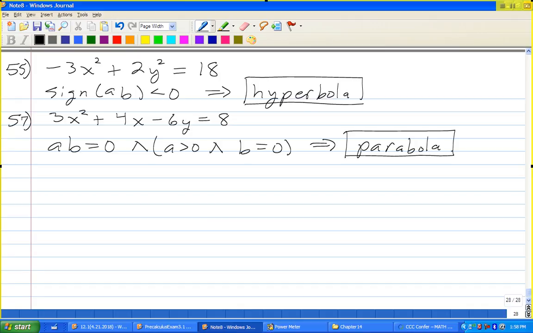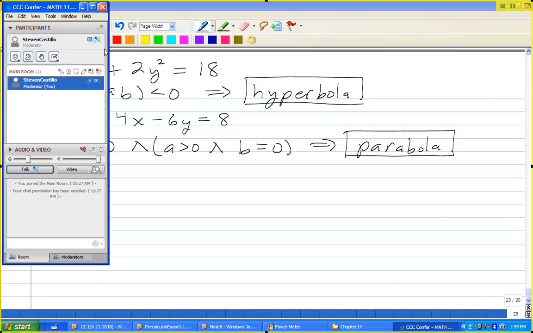So that finishes off section 14.4, and we'll do 14.5 on Monday.